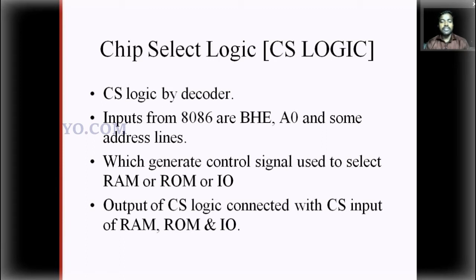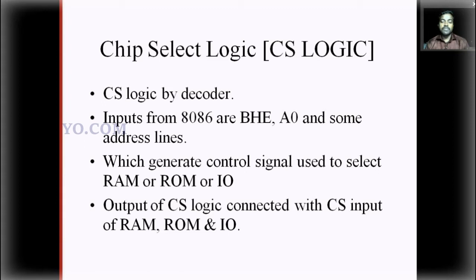Why are we using this chip select logic? The main purpose is to reduce the power consumption. Most of the digital devices run on battery power, and battery power does not last long.